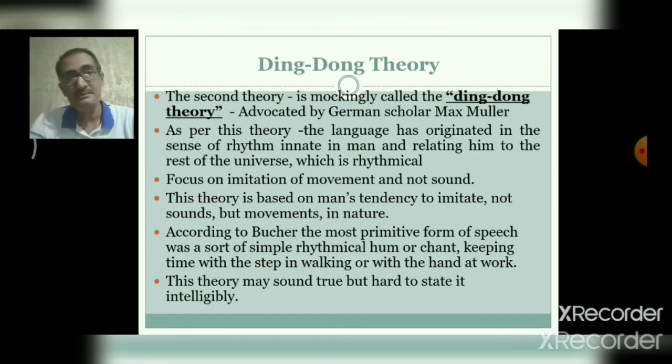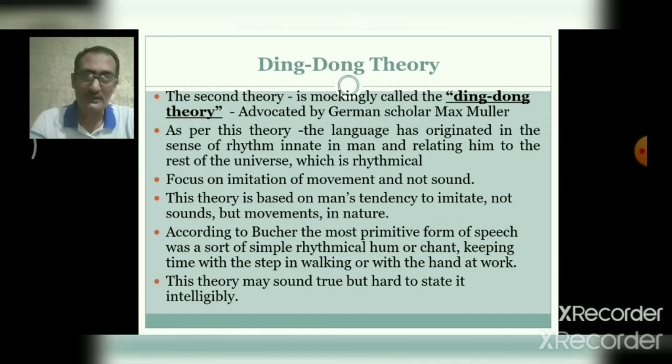This theory is based on man's tendency to imitate not sounds but movements in nature. According to the scholars, man has a habit of copying the rhythm of different animate or inanimate objects, and this ability to follow the rhythm can lead to making a language.